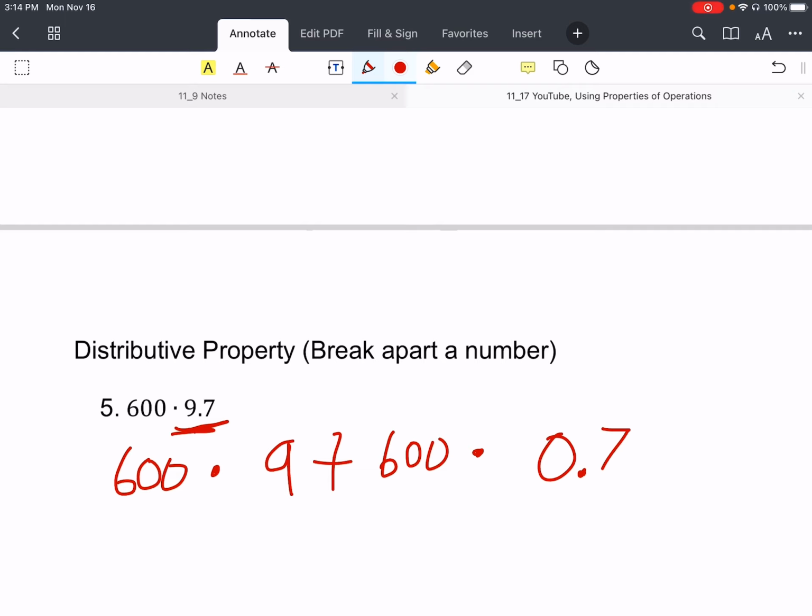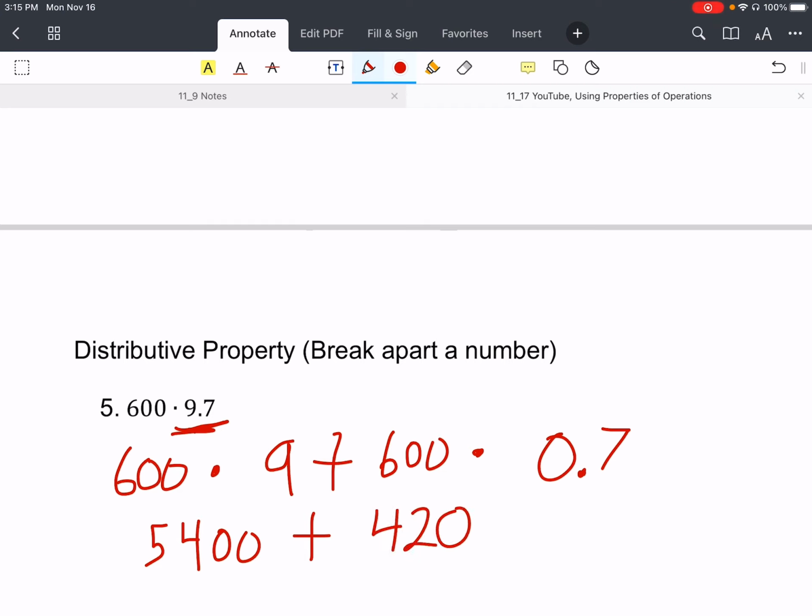600 times 9, well, I know that 6 multiplied by 9 is 54, and I add my 2 zeros, plus, remember, order of operations, we're doing our multiplication first, 600 times 0.7, well, I know that 6 times 7 is 42.